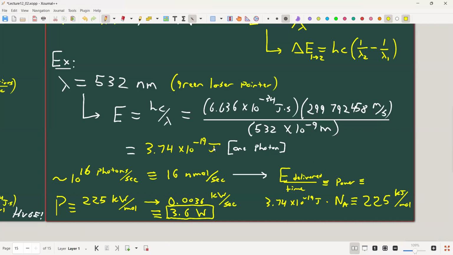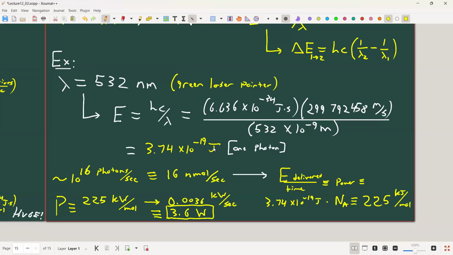So that's a nice conversion factor. This is why we use lasers to do chemistry. A laser pointer can put macroscopic amounts of power into a system. The question you might want to ask is, if a mole of green laser light gives us 225 kilojoules per mole worth of energy to work with, how hot would you have to get a heater to deliver the same amount of energy?